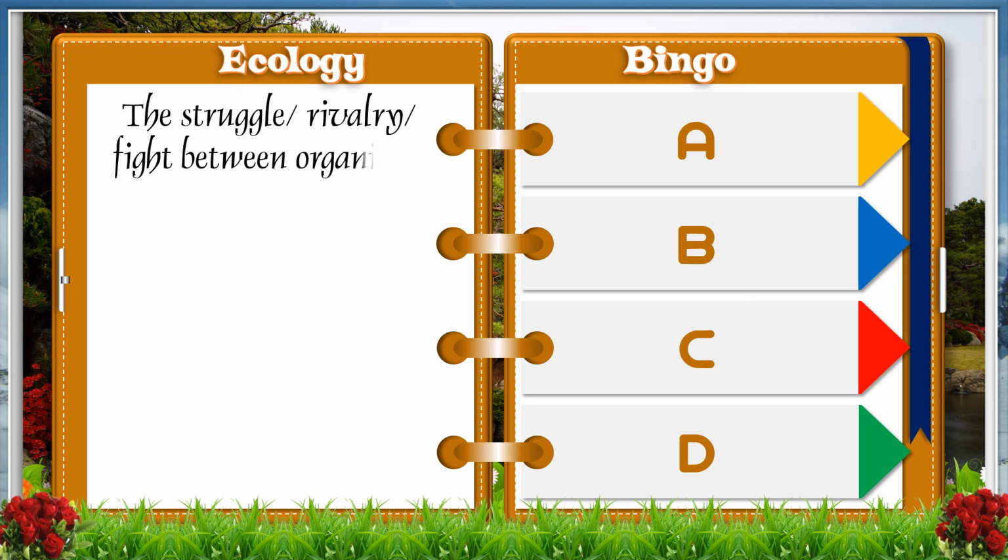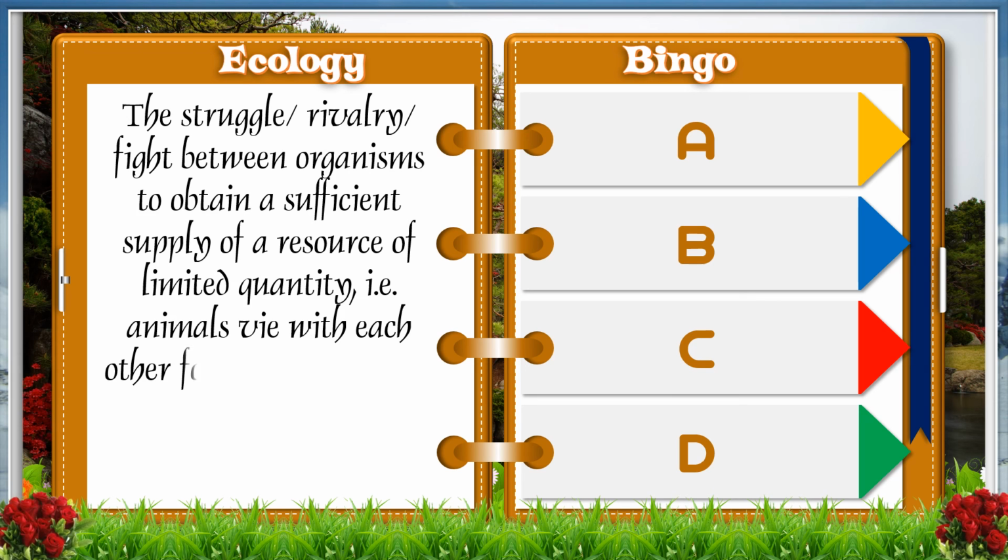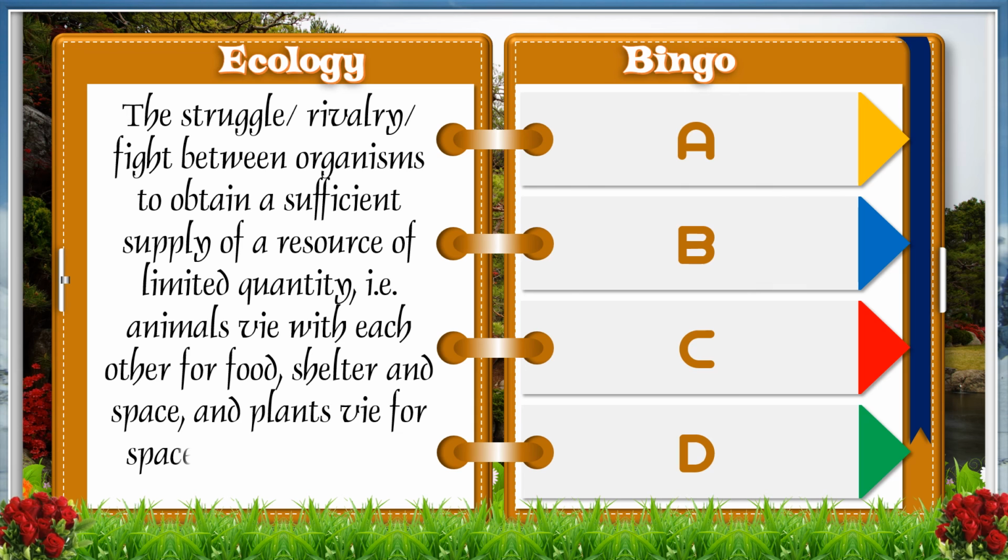The struggle, rivalry, fight between organisms to obtain a sufficient supply of resource of limited quantity, i.e., animals vie with each other for food, shelter, and space, and plants vie for space, light, water, and minerals.